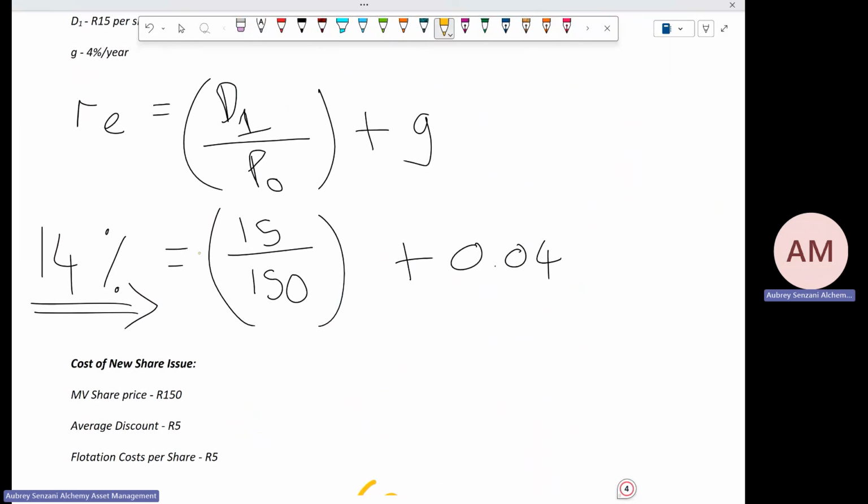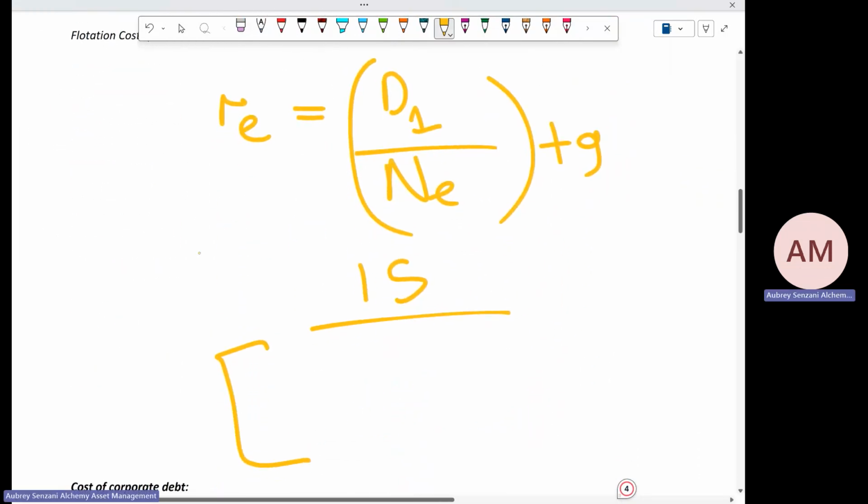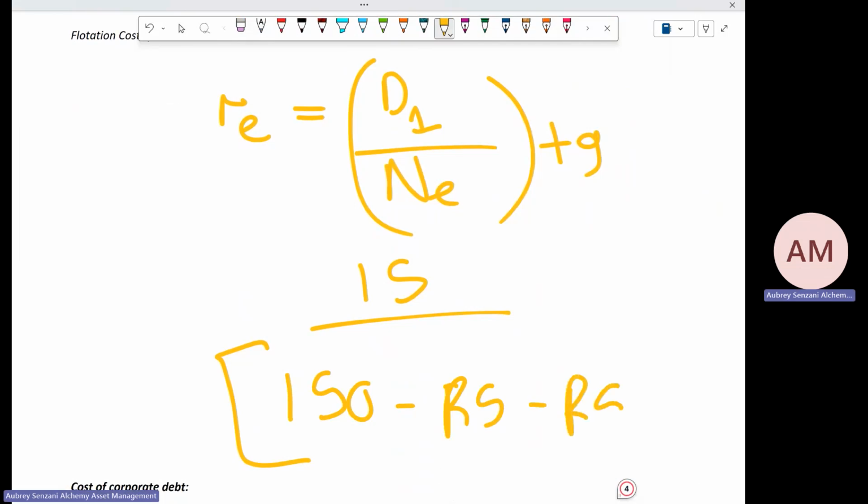But if we issue new shares, we're going to have to sell the share at a discount of 5 rand to make it attractive. And then there's the flotation cost, which I imagine is the admin of issuing, another 5 rand. So the net proceeds is obviously 140. I'm going to write that out here as 150 minus R5 minus R5. Is it making sense?